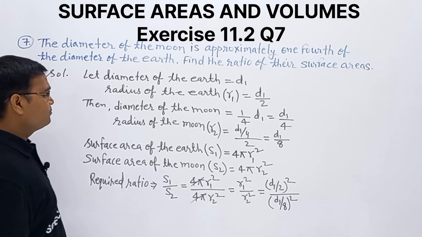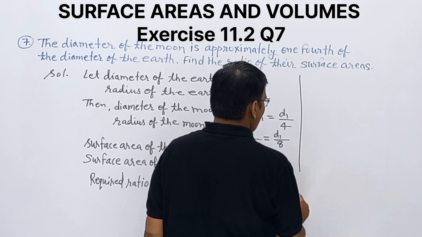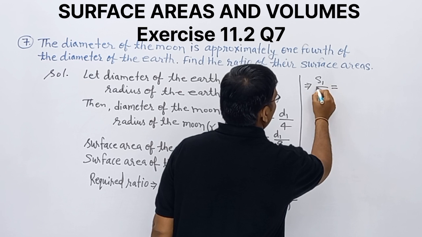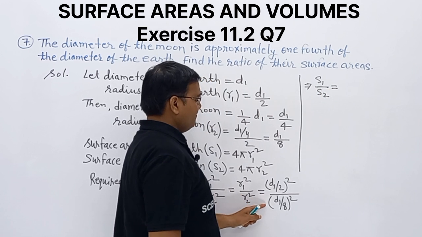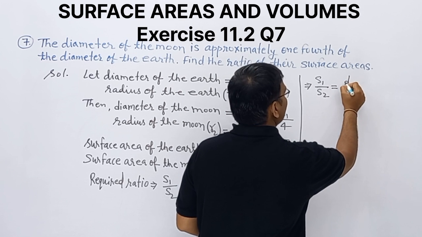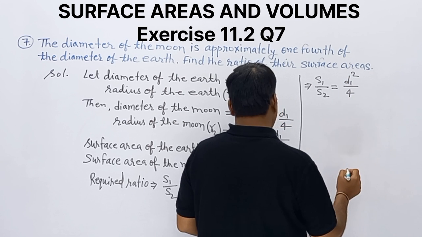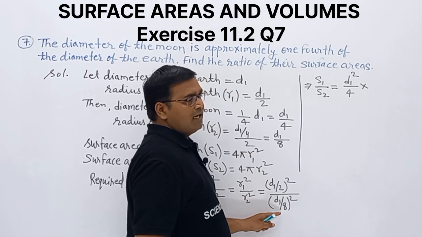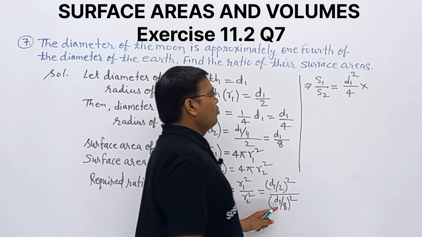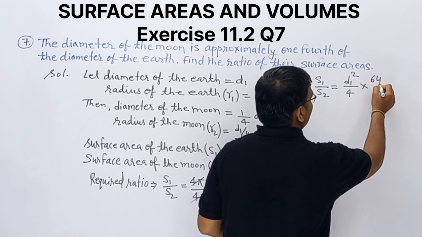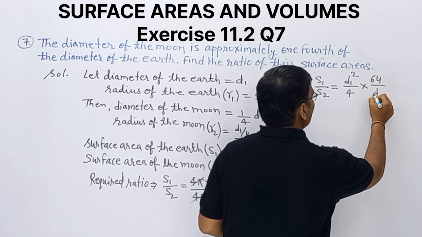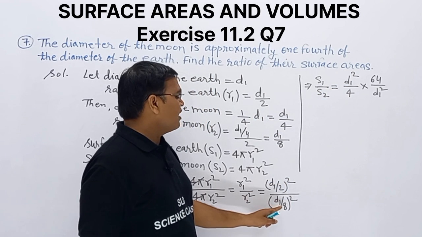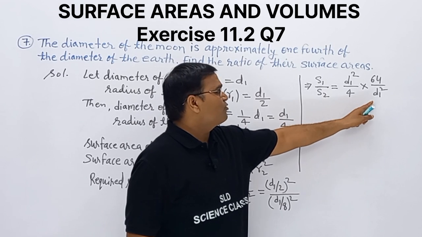Now solve this one. Observe. S1 upon S2 will be d1 by 2 whole square, d1 square by 4, divided by d1 by 8 whole square, d1 square by 64.